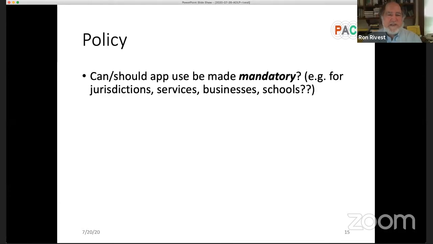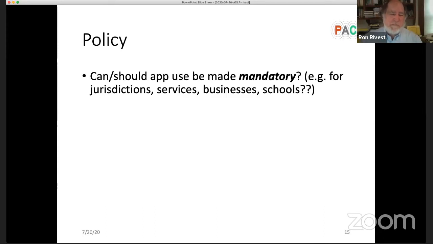Policy questions. A very interesting one is, should the app use be made mandatory? Can you require that people download and run such a digital contact tracing app? The scenario I've been painting here talks about a very voluntary kind of situation where everything is discretionary, even downloading the app is discretionary. But in China, various kinds of app use have been made mandatory. And one can imagine the world drifting in such a direction that jurisdictions or services or businesses or schools start demanding that an app be used.